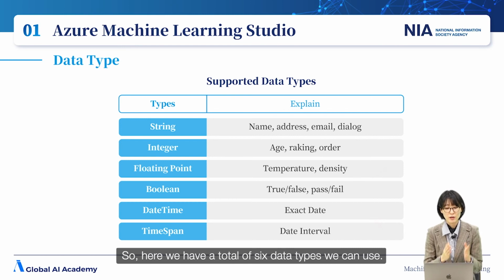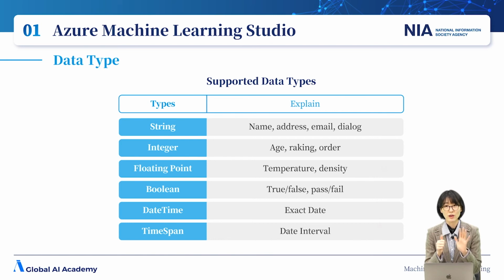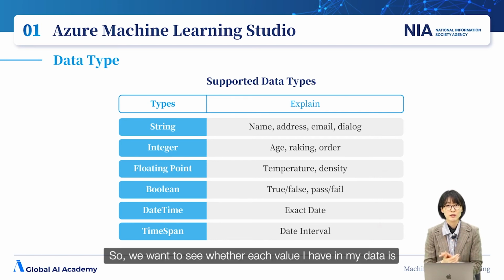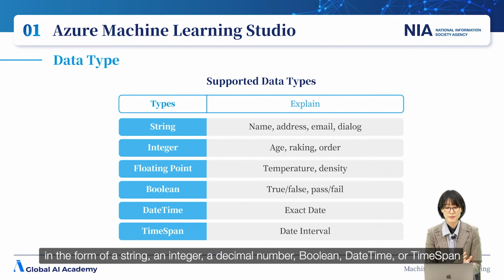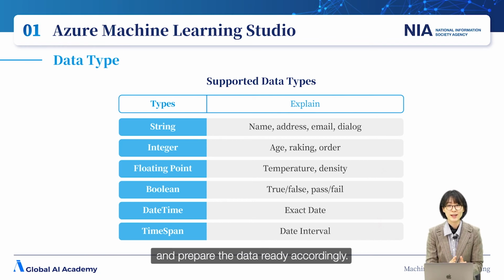So, here we have a total of 6 data types we can use. So, we want to see whether each value I have in my data is in the form of a string, an integer, a decimal number, Boolean, date time, or time span, and prepare the data ready accordingly.